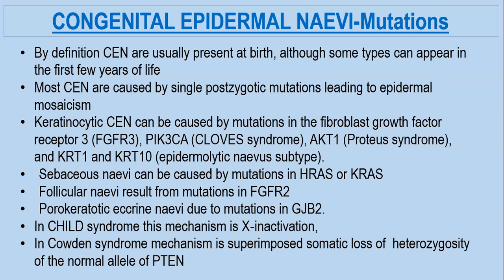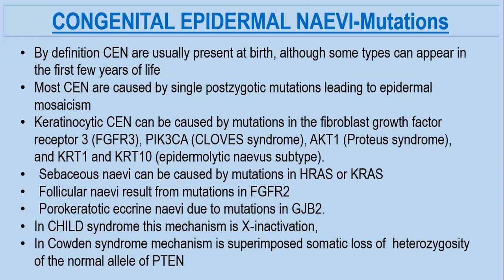And in the epidermolytic nevus subtype, it is KRT1 and KRT10. Sebaceous nevi are caused by mutation of HRAS or KRAS. Follicular nevi result from mutation of FGFR2. Porokeratotic eccrine nevi are due to mutation of GJB2.